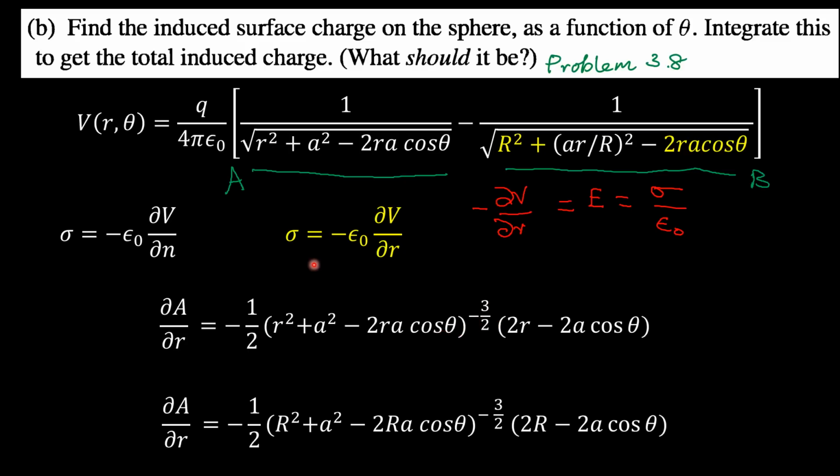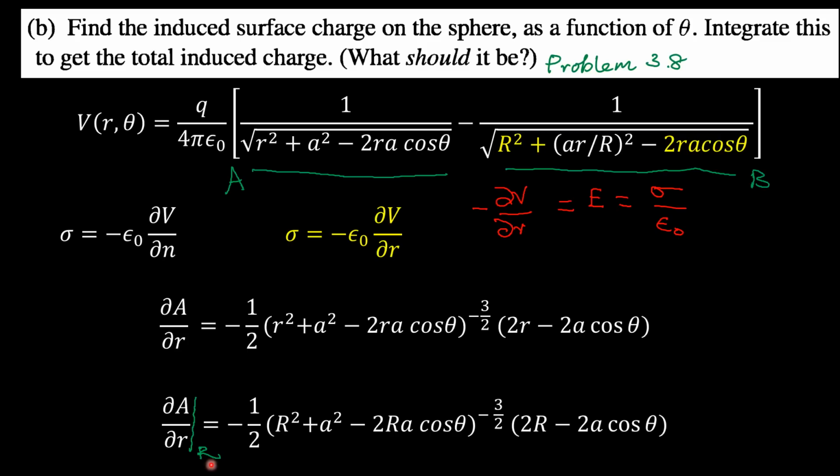Now you differentiate the inside again with respect to r. This r squared will become 2r. This a squared will be 0. Then the term minus 2 r a cos theta, if you differentiate with respect to r, you will get minus 2a cos theta. Now you substitute the boundary condition, that is, this is at capital R, at the surface of the sphere.